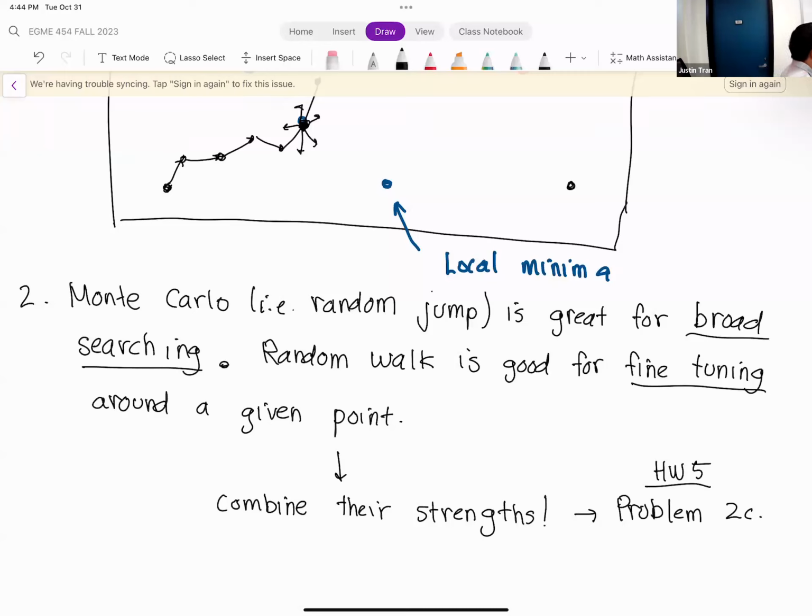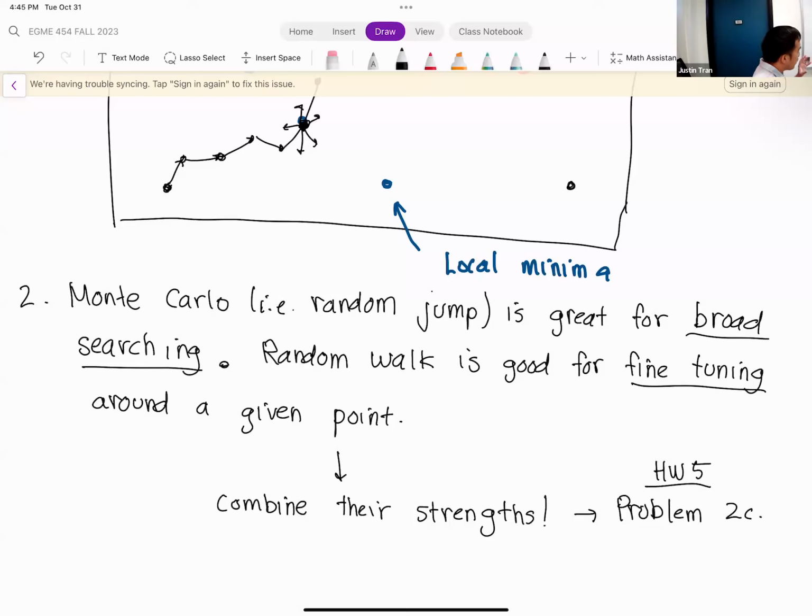It's an interesting one, and I gave this to you for the reason that combining multiple algorithms together is something that's common in optimization, and in fact is something that I encourage you to do for your final project as well, which we'll talk about more on Thursday.